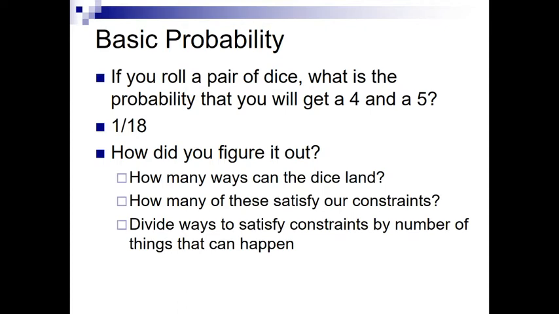You can figure it out by thinking about how many ways can each one of the dice land, and how many of these ways that the dice can both land satisfy our constraints. And then we want to divide the ways that we can satisfy the constraints by the number of things that can happen, and that gives us 1/18.